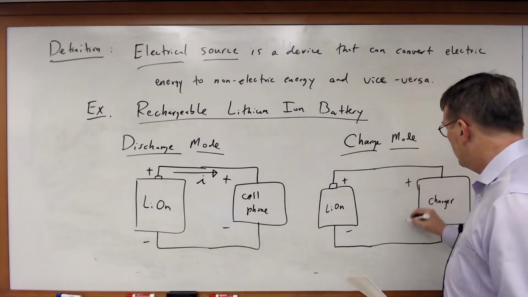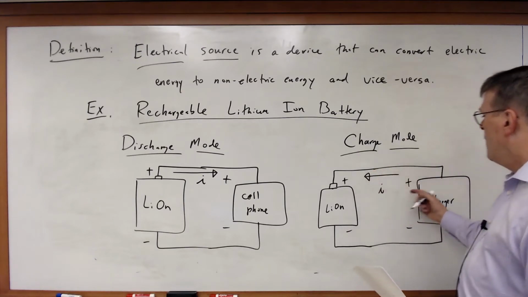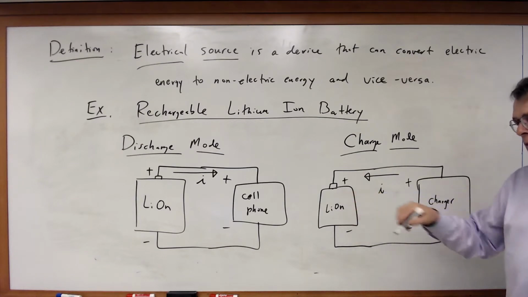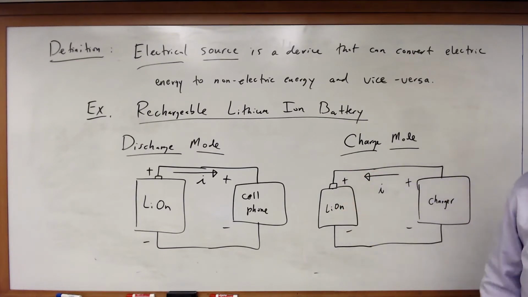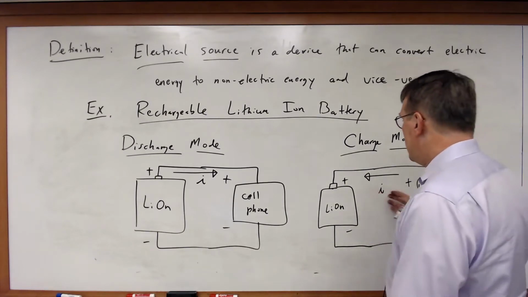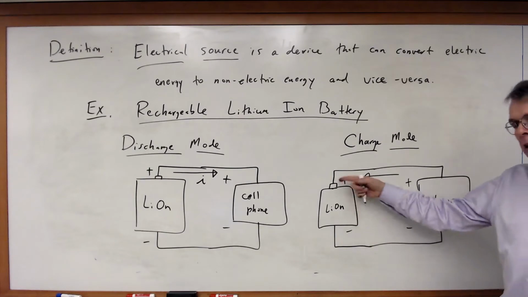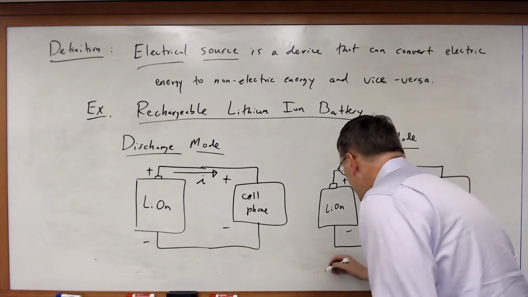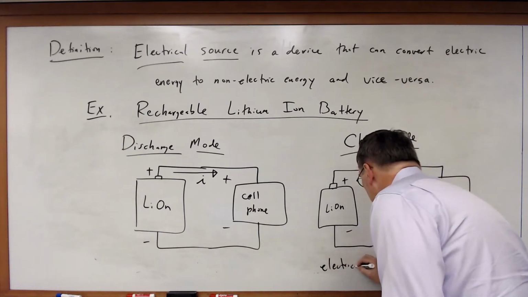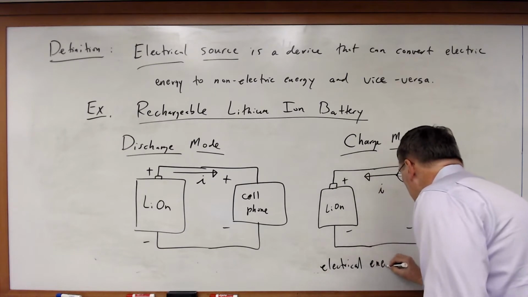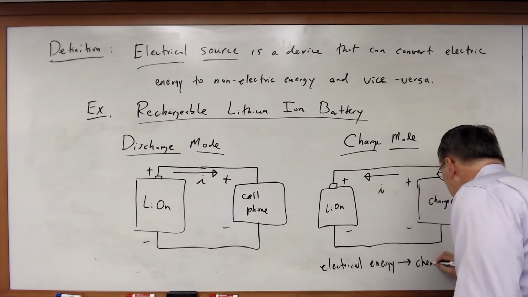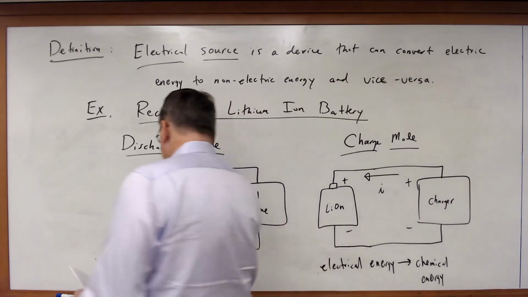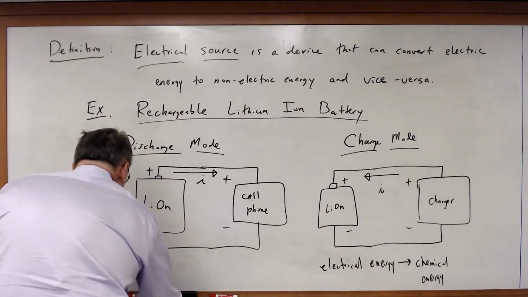So now the charger will have positive current flowing out of its positive terminal, which goes into the positive terminal of the battery. Now the battery has positive power. So in this case, as energy flows in, the chemical reaction is reversed and the battery charges. So in this case, we have electrical energy going to chemical energy, whereas over here we had chemical energy turning into electrical energy.